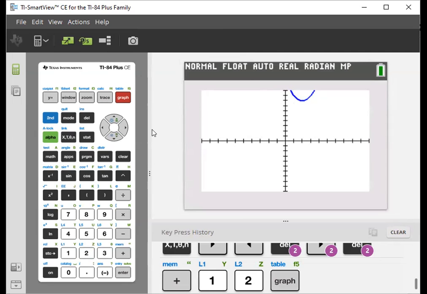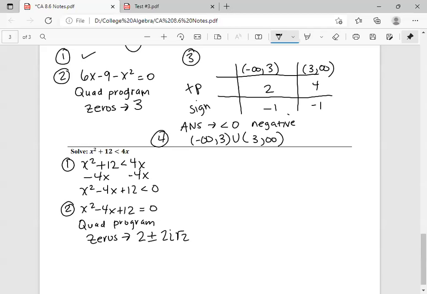So let's go back and look at what we're looking for. On number 3, instead of drawing this table, I'm just going to make a graph of this thing and say, this is kind of what it looked like. It looks like all of my answers are positive. And on the answer, we're looking for things that are less than 0.